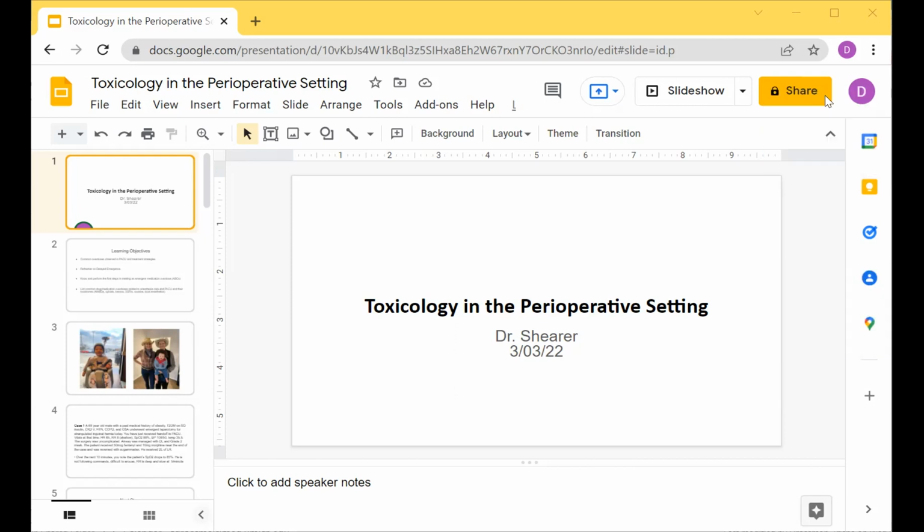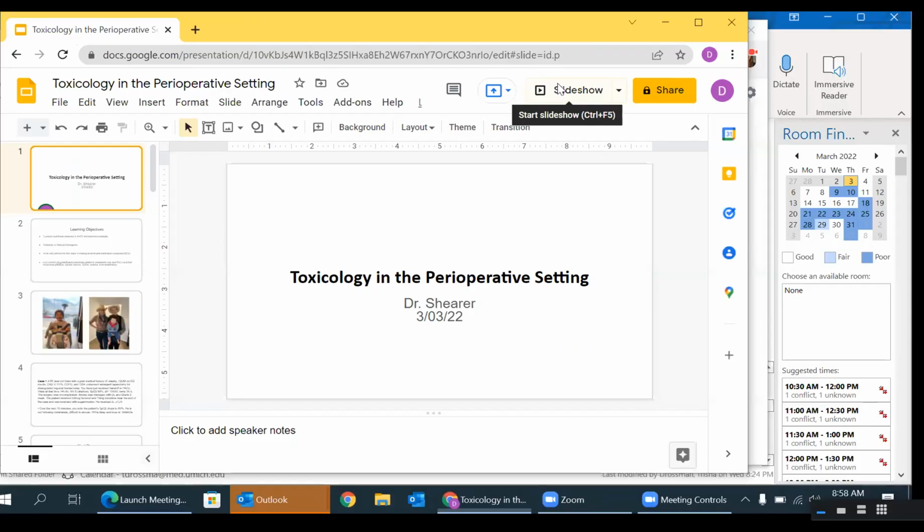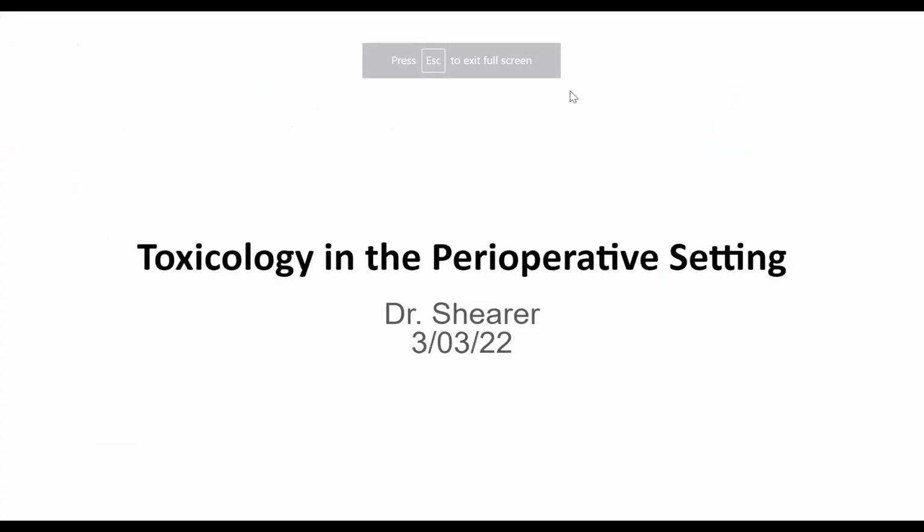We should be fine. I usually get text messages too if they can't hear. Okay, sounds good. Do you want to expand? We should be able to click slideshow. You can also get rid of that other bar if you go to more. I don't think it should impact the slides. If it does, I'll move it.